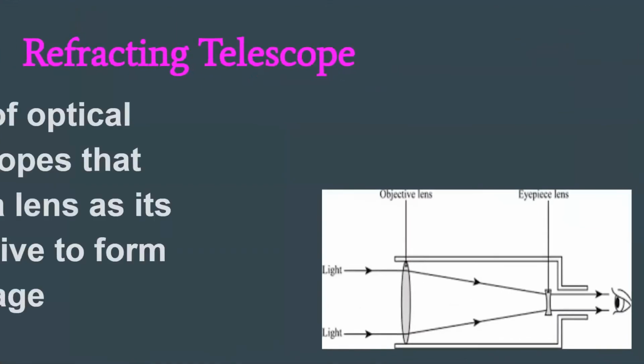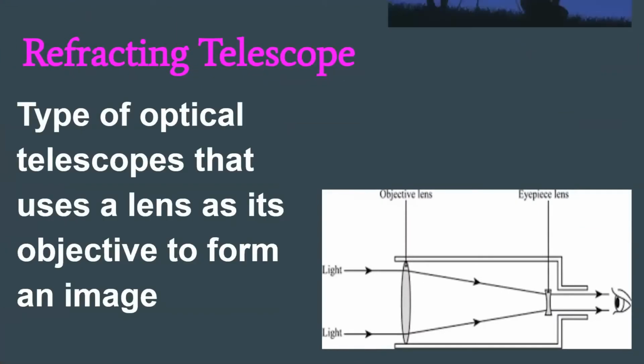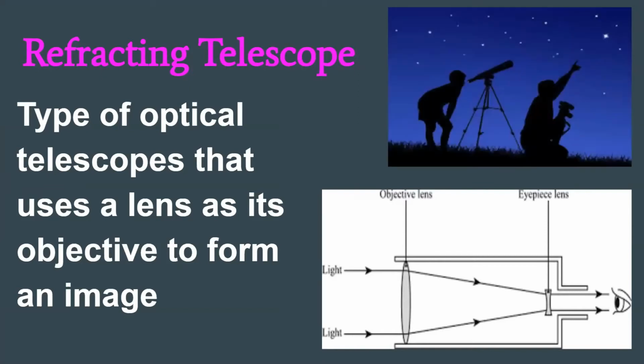Refracting telescopes are a type of optical telescope that uses a lens as its objective to form an image. The typical example is the one we are seeing in the picture on the top.